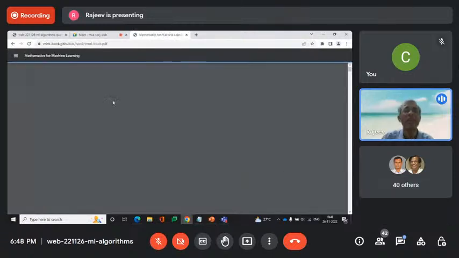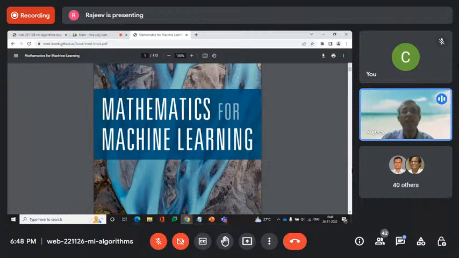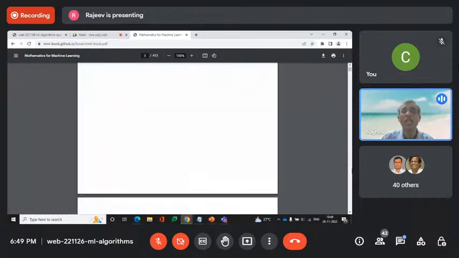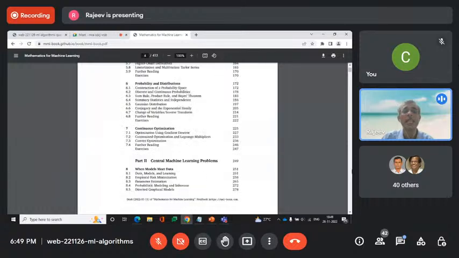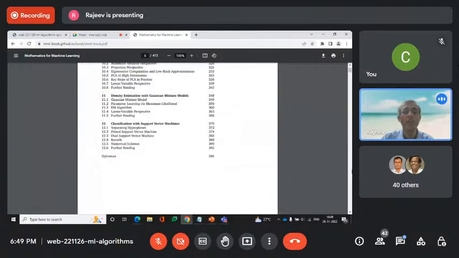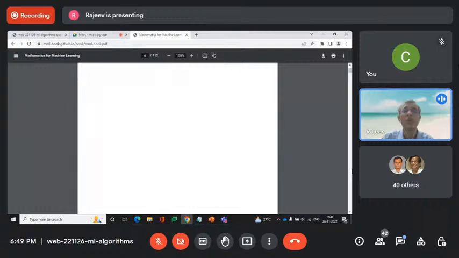This is a very detailed book, freely available. Unless you get the fundamentals of maths, stats, and probability, getting into developing algorithms might be more difficult. So if you want to go through this stuff, you can take a look at it.